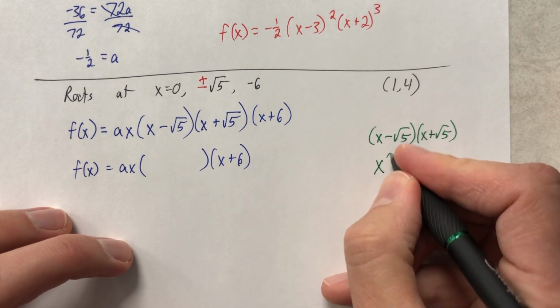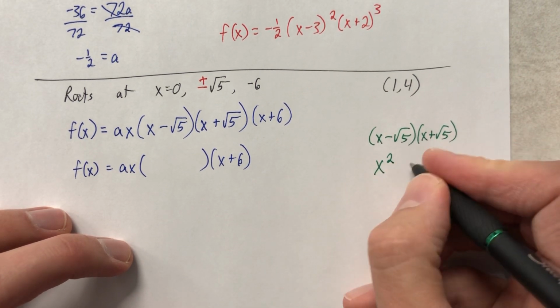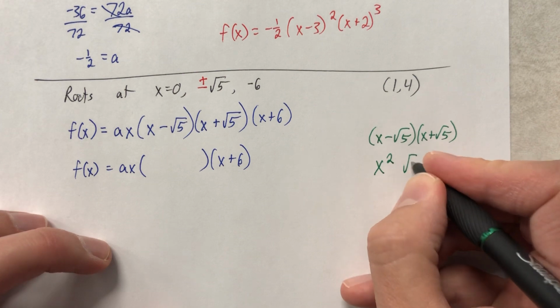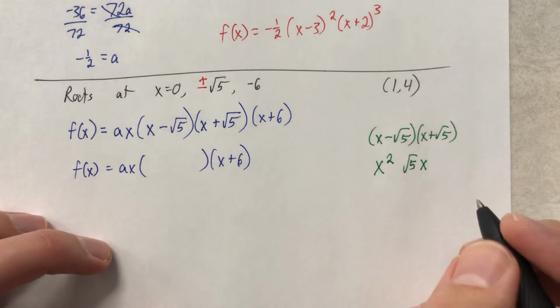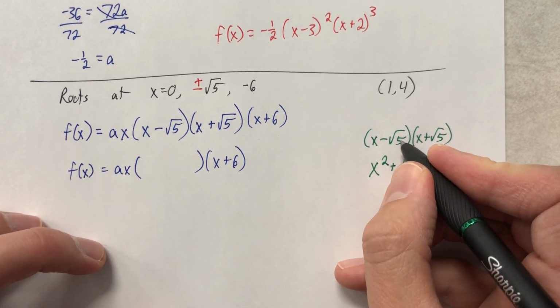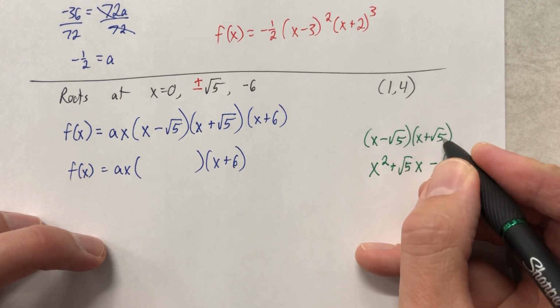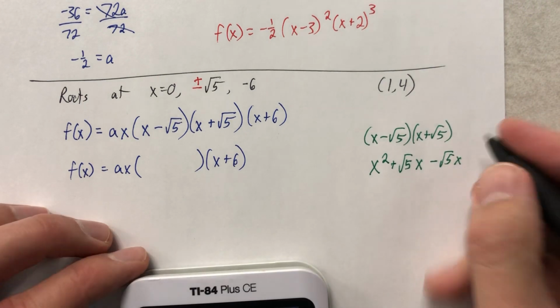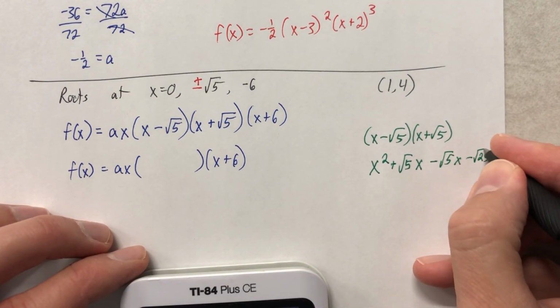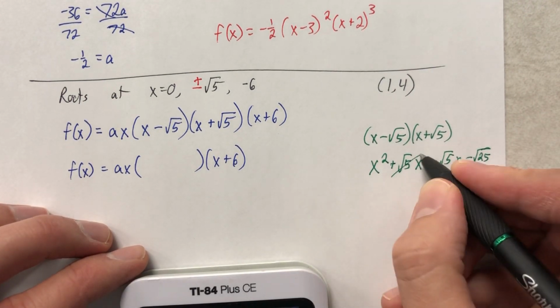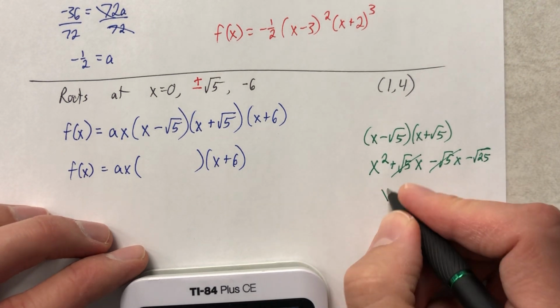X times X is X squared. X times square root of 5 is the square root of 5 times X. The X is not under the square root. Square root of 5 times X is, well, this one's negative. The square root of 5 times the square root of 5, ooh, that's the square root of 25. Okay. Oh, these cancel. Lucky us.